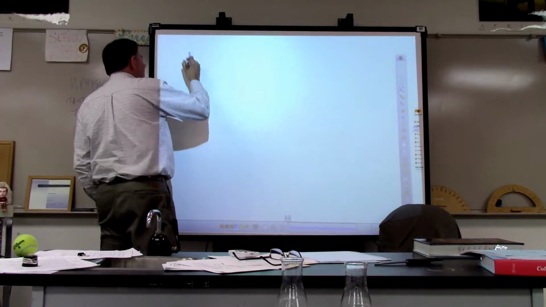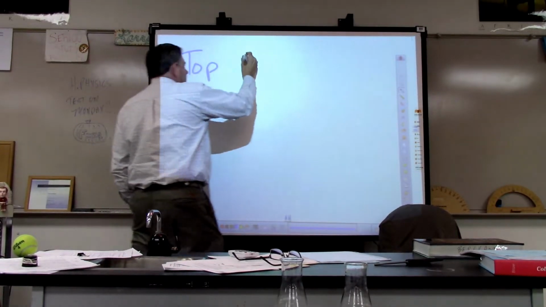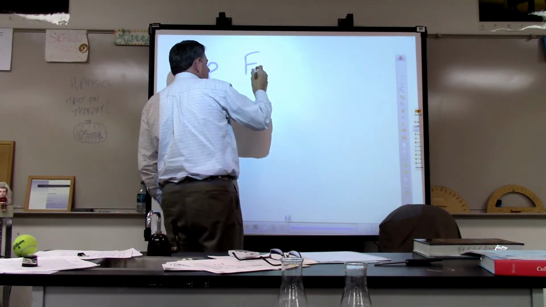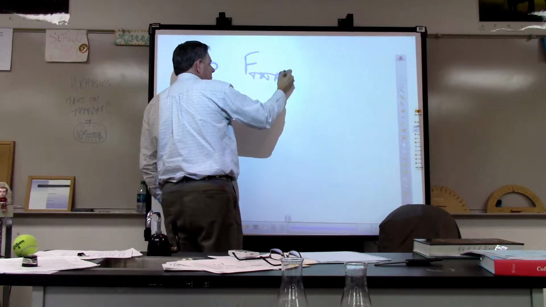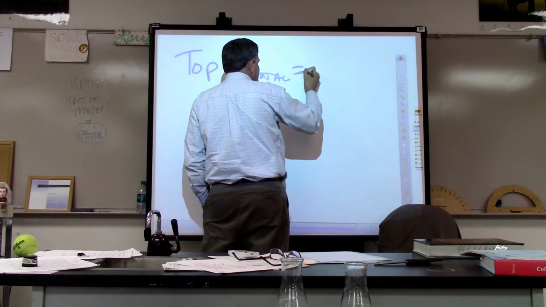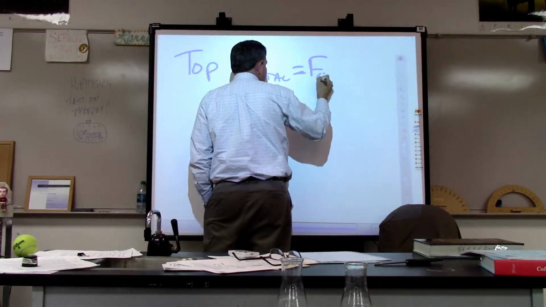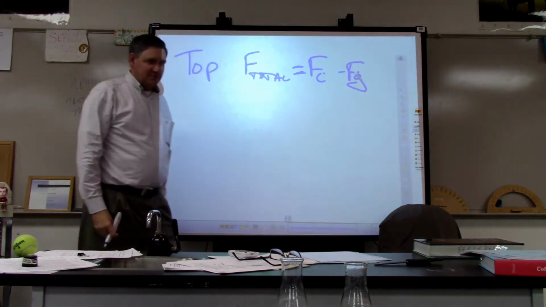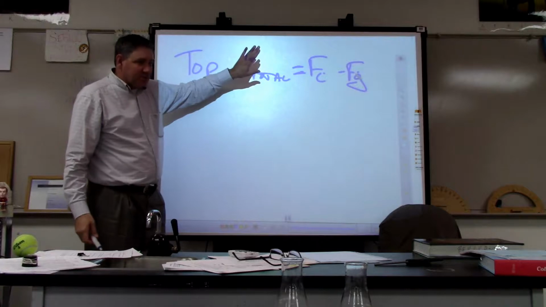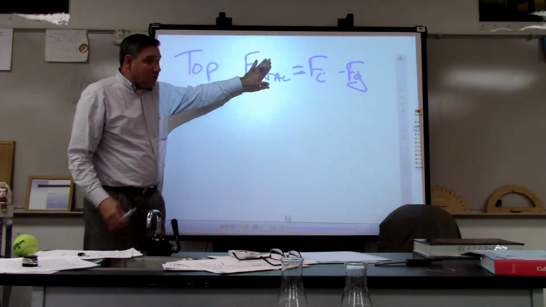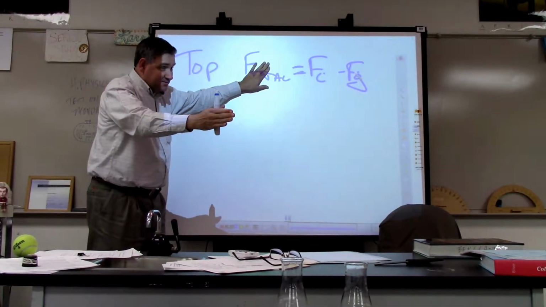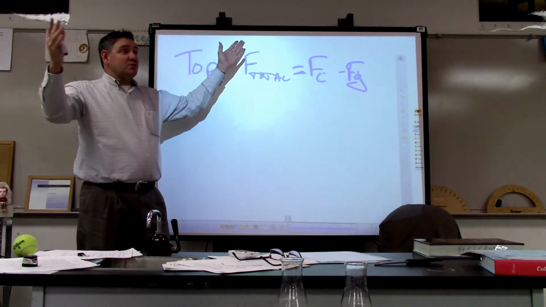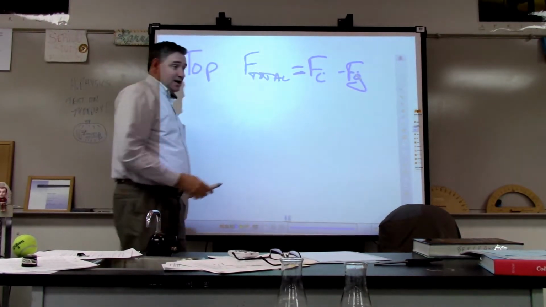So look, at the top, what you feel, that total force, is always going to be force centripetal minus Fg. This is what you feel, which is going to be a multiple of your weight. Let's say you want to feel twice what you weigh right now.